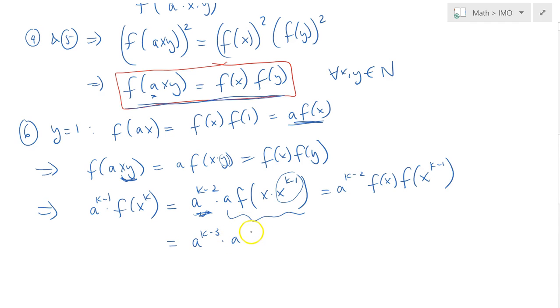And then we have f of x times f of x to the power, okay, so let's split this one as well, x to the k minus 2. Now this is simply equal to, if you focus your attention on this expression here, but that's just this guy again.